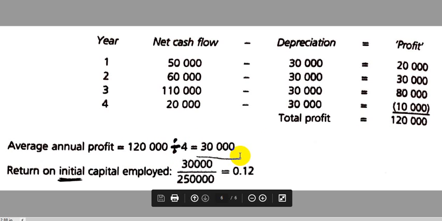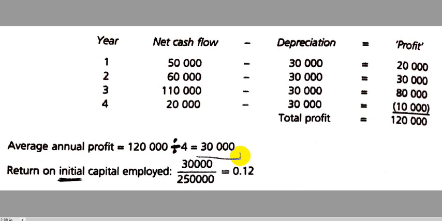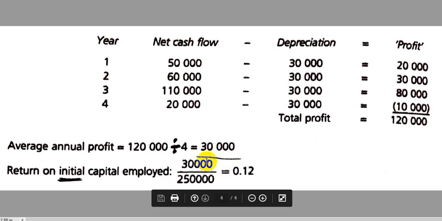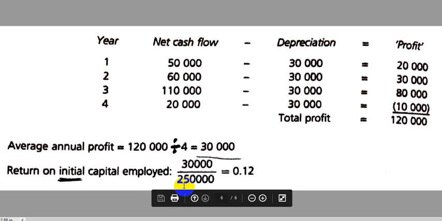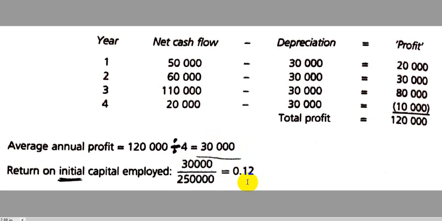To get the return on initial capital employed, we have to divide this average annual profit over the initial capital employed. Here was 200,000 plus 50,000 working capital to be the denominator in this equation, to lead to 12% return on capital employed, and the company's criteria is 13% return on capital employed.